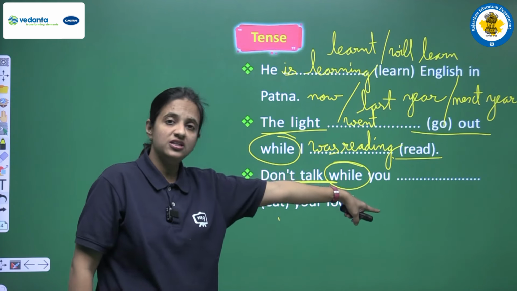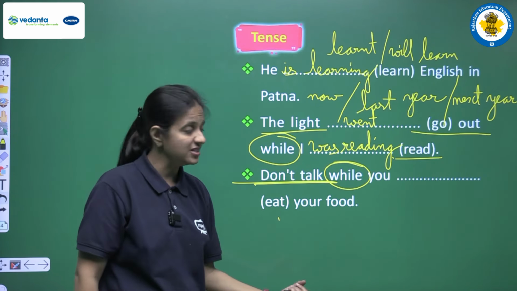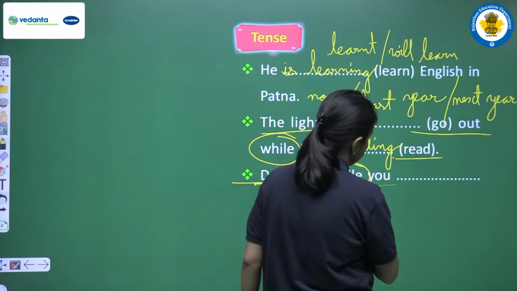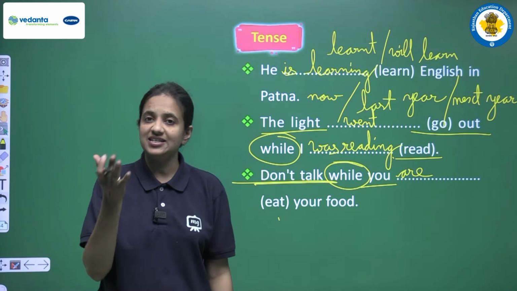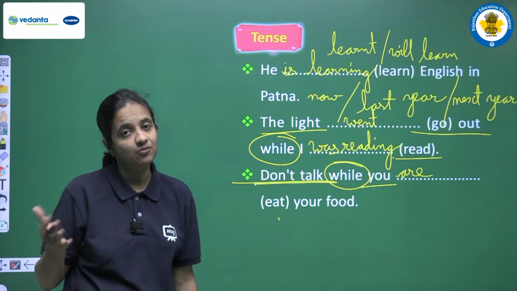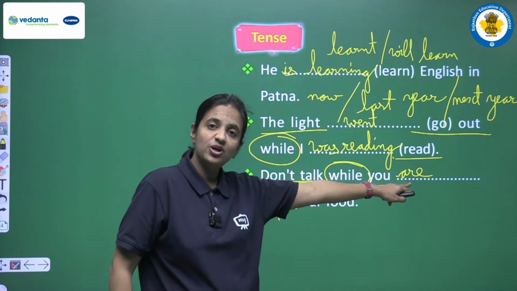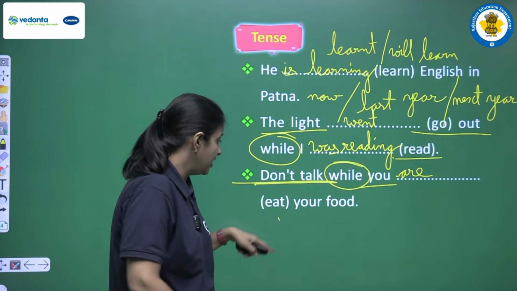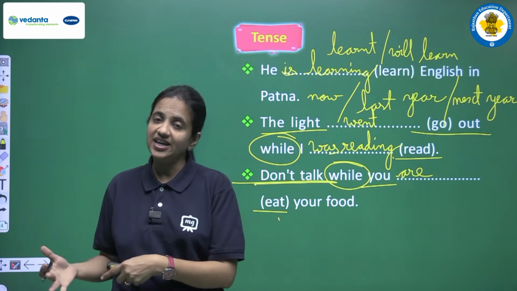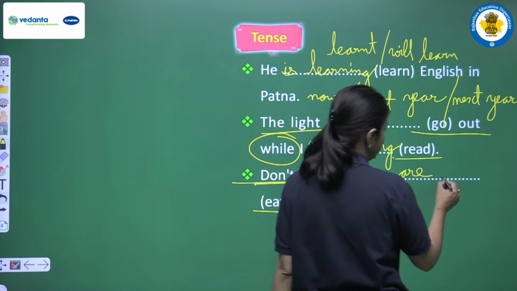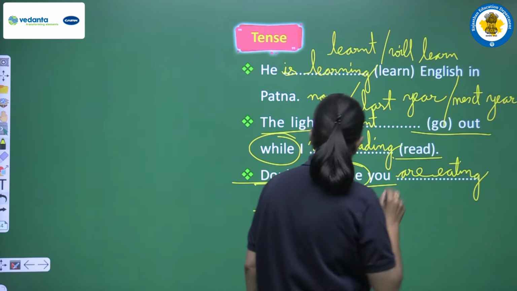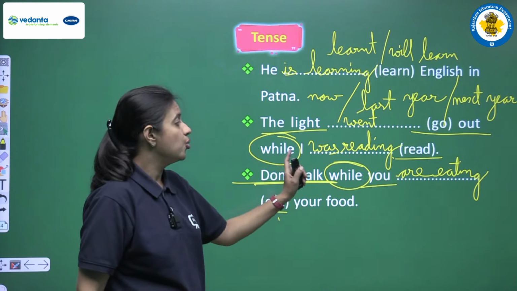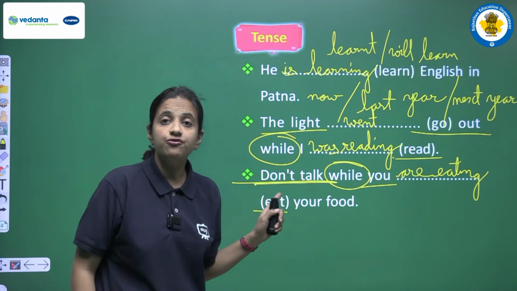So after this also we will use present continuous tense. So for you we will use are, because we all know that present continuous means is, am, are plus verb ki first form plus ing. So as a helping verb, first of all we will write are. Then as a main verb we are having eat. So eat plus ing, it will be eating. And the sentence will be: don't talk while you are eating your food.